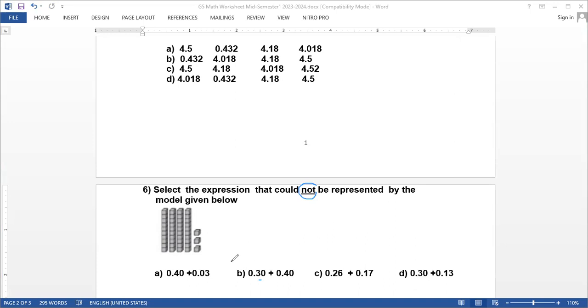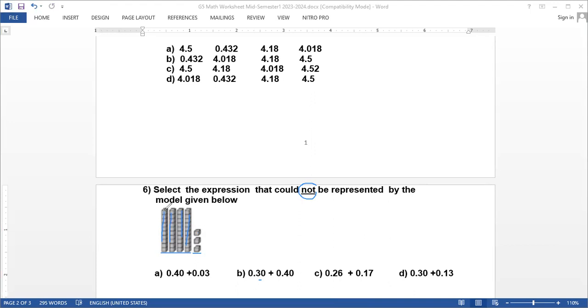The tenths is 4, and the hundredths is what? 3. So the answer is A, because we have 0.40, this represents the tenths, and these represent the hundredths.